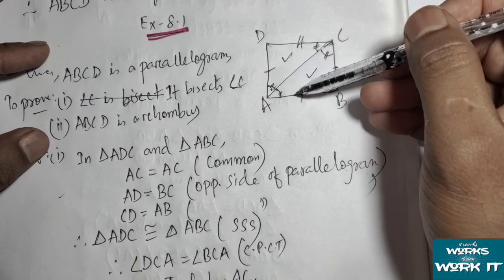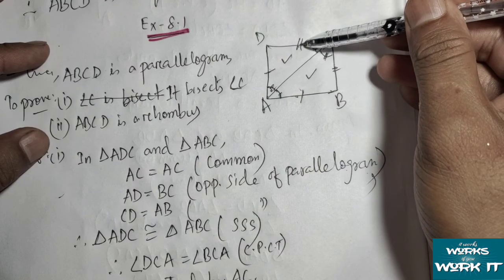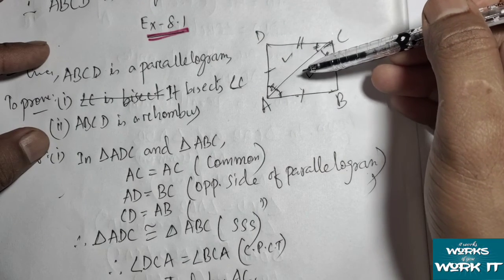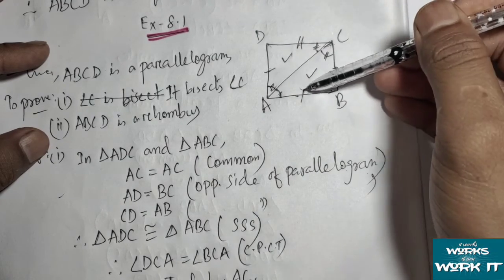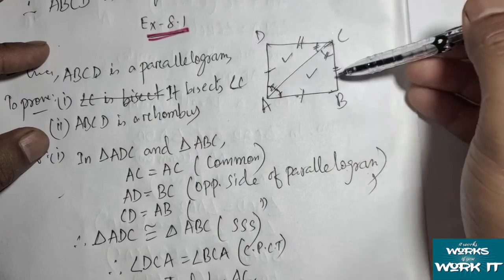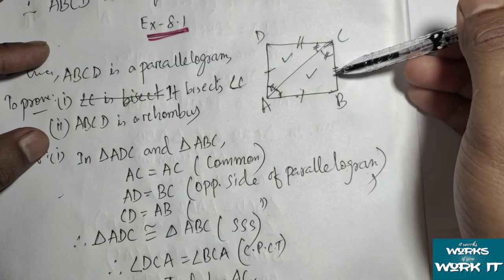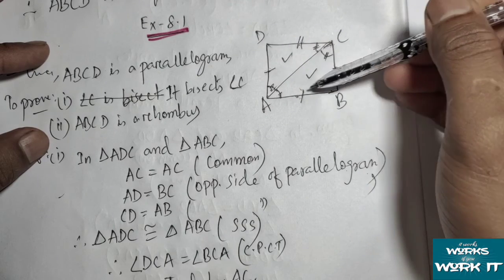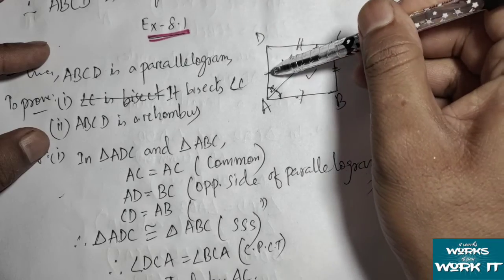What we are getting is only this and this equal. So using the parallelogram property, AD is also equal to BC. If AD is equal to BC, then automatically this one will be equal to this one, and this one will be equal to this one.